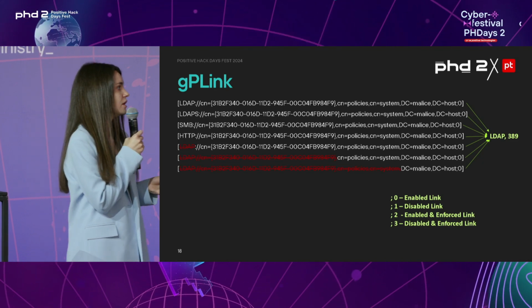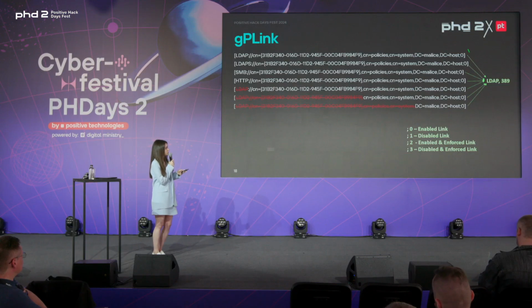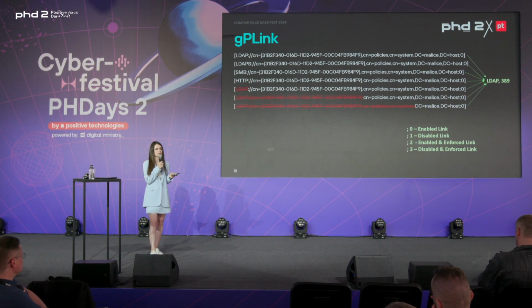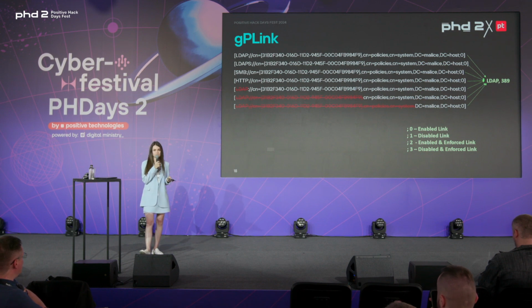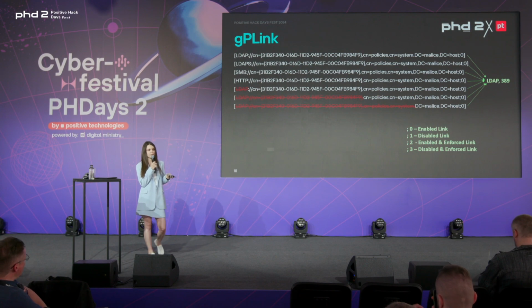LDAP supports 389. The option value can be from 0 to 3, and it is engaged regardless of what I'm writing. And over here you can see enabled, disabled, 2, 3 is also enabled and enforced, and 3 disabled and enforced link. Enforced means that it has a high priority and it may be useful in other attacks.